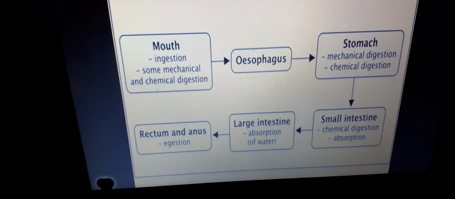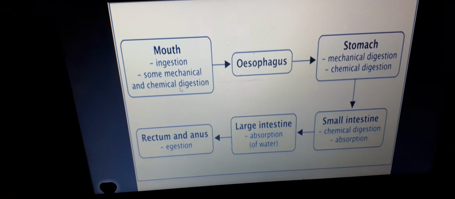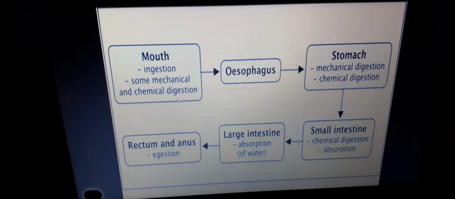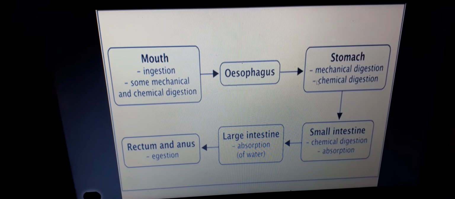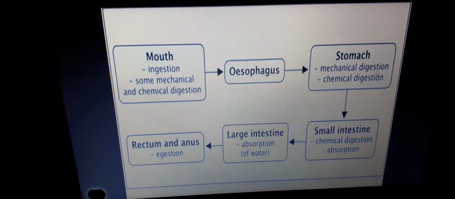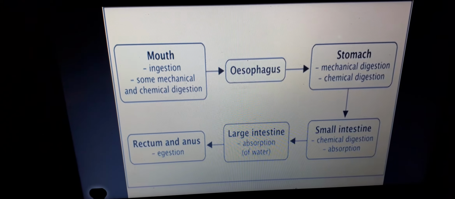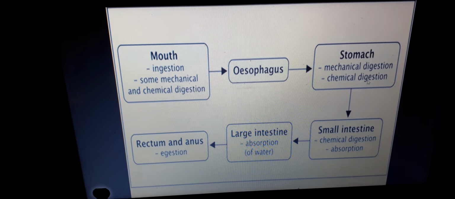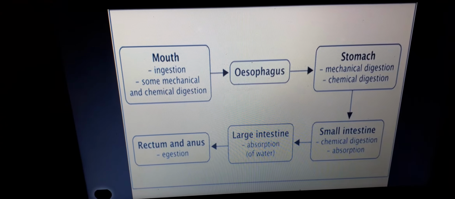Chemical digestion means when the enzymes act on it, so when starch is changed into sugar, that is chemical digestion. In the esophagus, no digestion takes place. In the stomach, the mechanical digestion, the churning, helps in mixing the food with the digestive juices. And in chemical digestion, the proteins are digested in the stomach and changed into simpler form.